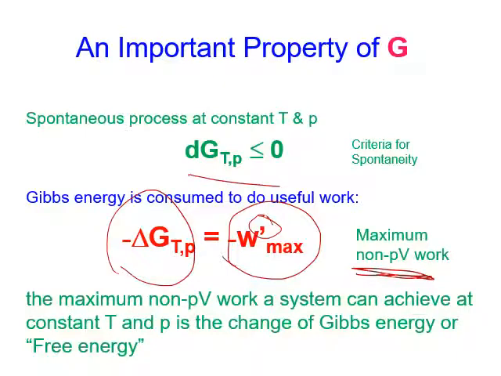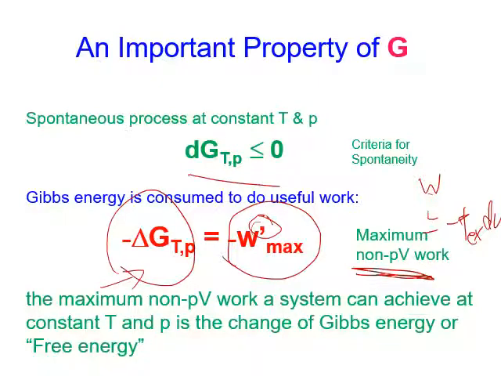So we use W to represent work done due to the volume change. If pressure is constant, we use negative pressure times volume change. This is called PV work. Non-PV work is work not due to the volume change. For example, if a chemical reaction is spontaneous, we can use this reaction to build a battery, and the maximum electrical work the battery can generate equals the delta G of the chemical reaction.